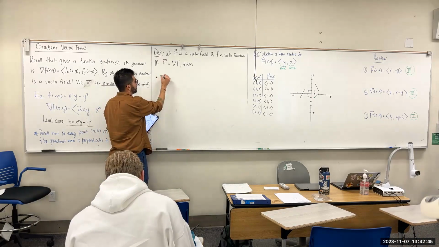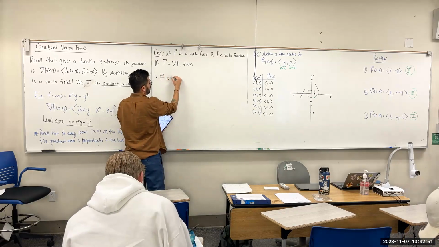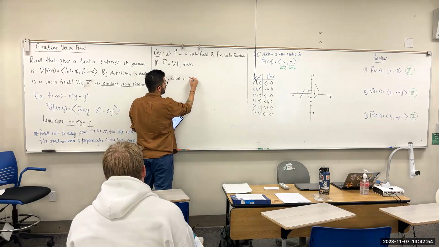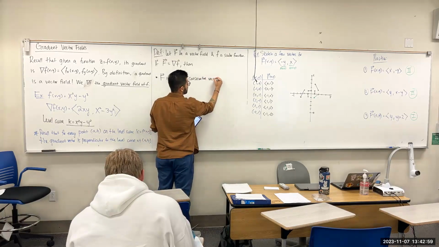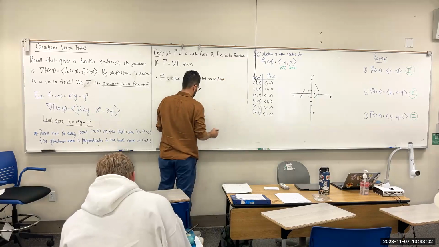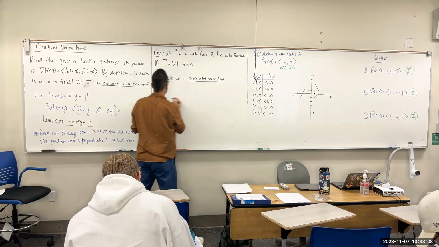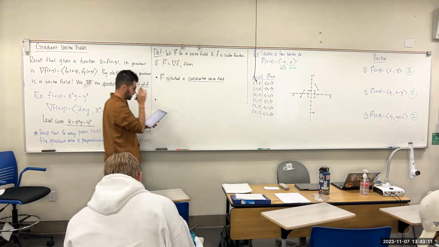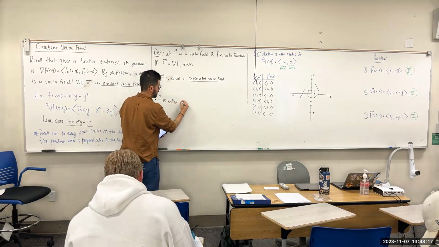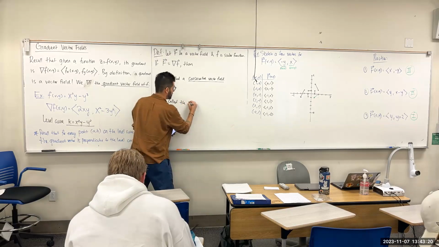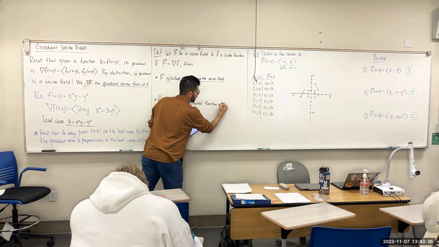Capital F has a new name now, it's going to be called a conservative vector field. It's nothing to do with politics, it has to do with physics. And then little f is called the potential function of the vector field.